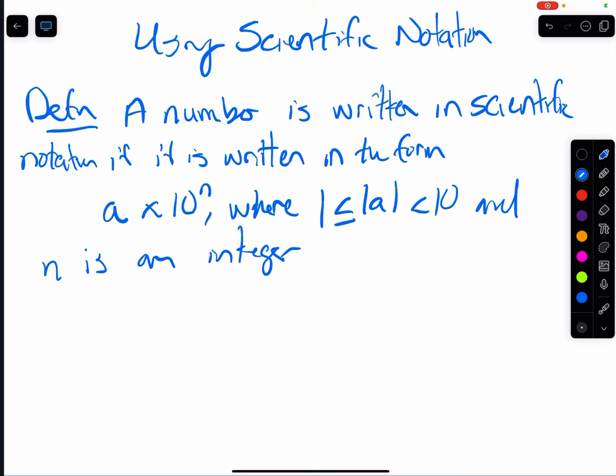So again, the absolute value of a has to be greater than or equal to 1 and strictly less than 10. So a is between 1 and 10.